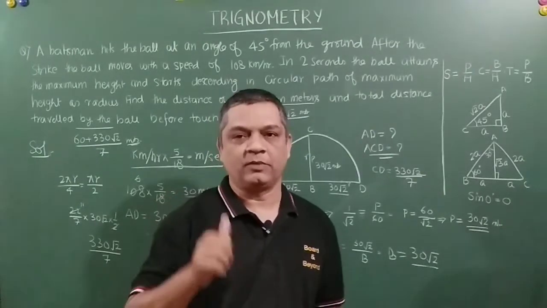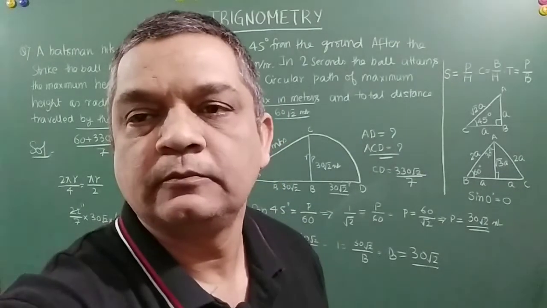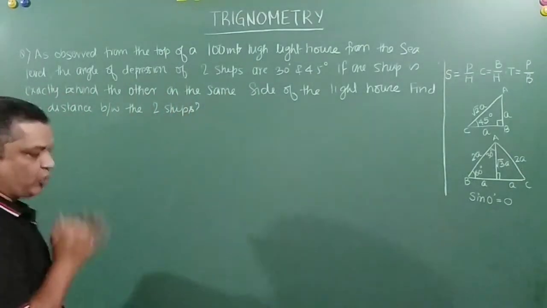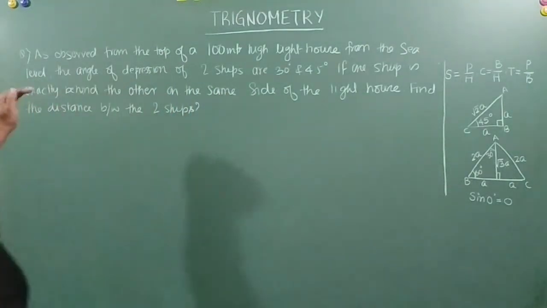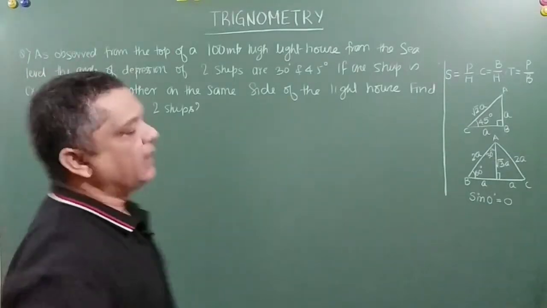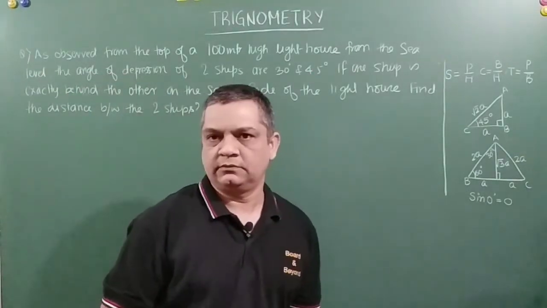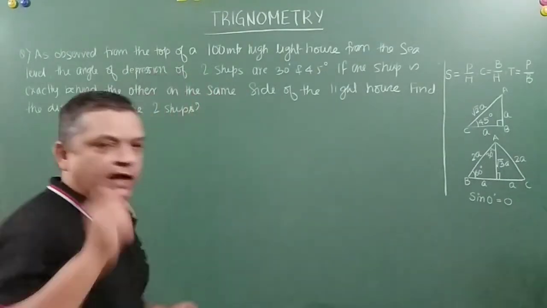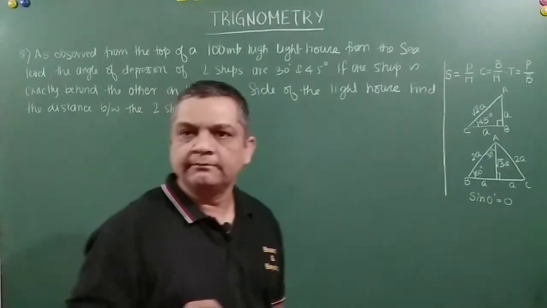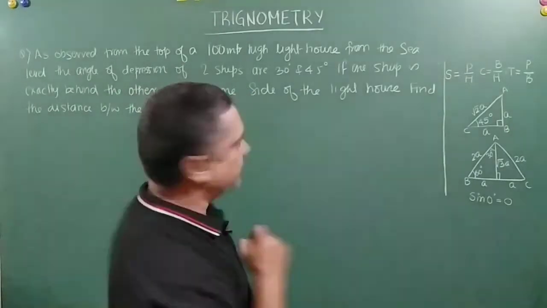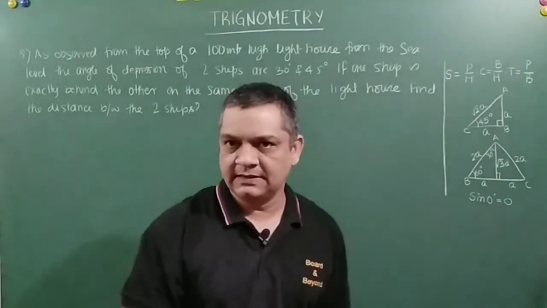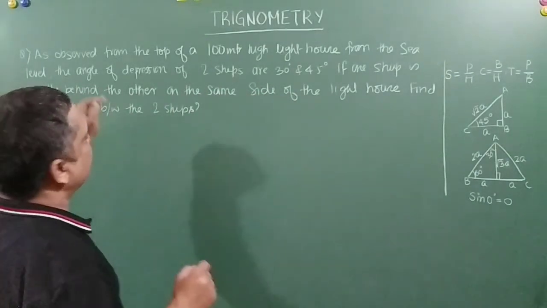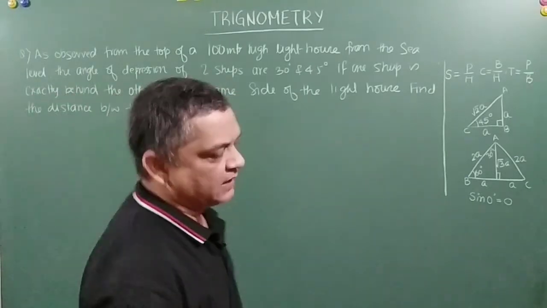I'll just take down the problem. Okay friends. So I have taken down the problem. The problem says that as observed from the top of a 100-meter high lighthouse, from the sea level, the angle of depression of two ships is 30 degrees and 45 degrees, and one ship is exactly behind the other on the same side of the lighthouse.